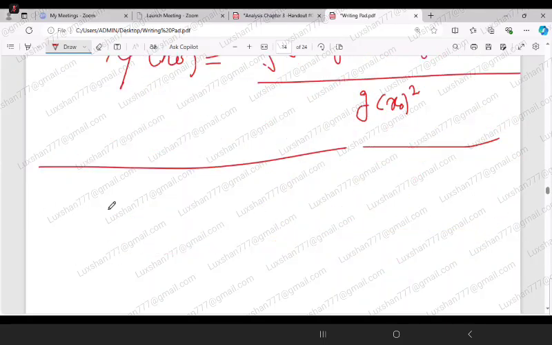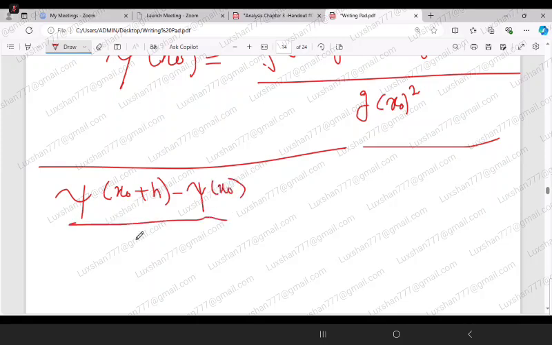In a similar way you can consider this function. Consider chi of x naught plus h minus chi of x naught over h.